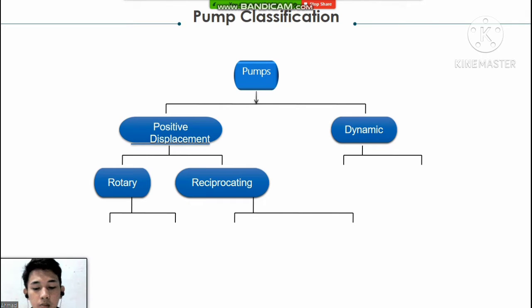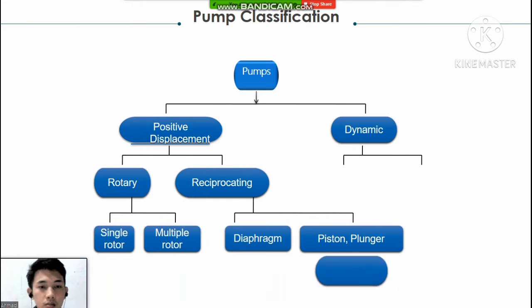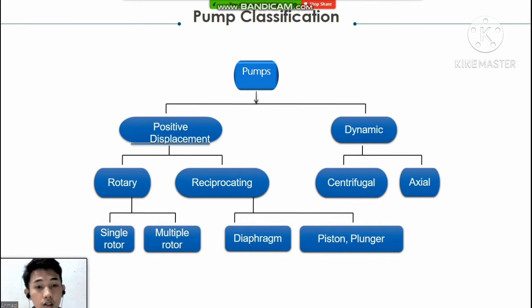Positive displacement is divided into two kinds as well: rotary and reciprocating. And dynamic is divided into two kinds as well: centrifugal and axial.